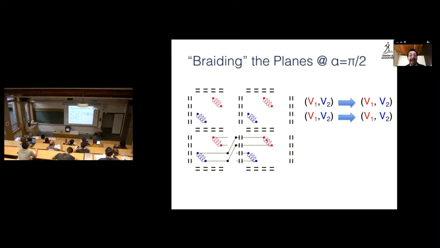I can convert the X excitation on this site through these capacitors into a Y excitation on the lower left side. And I can also convert the Y excitation on this site into minus the X excitation.